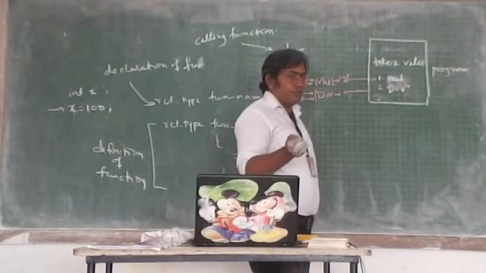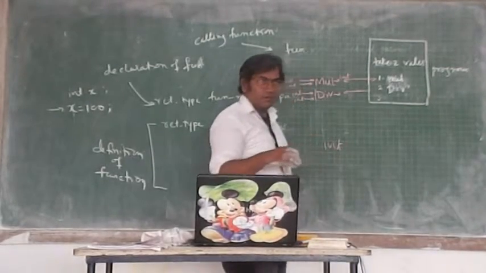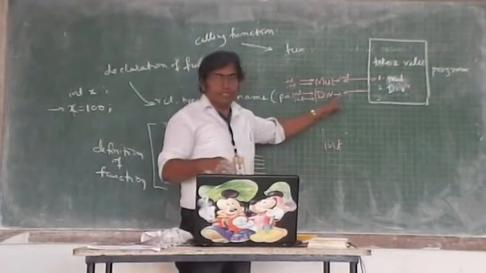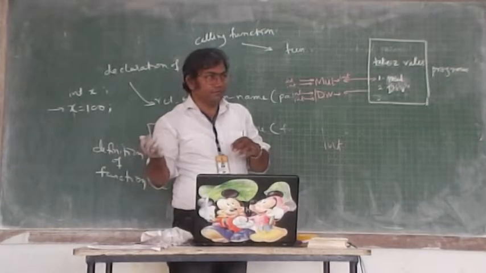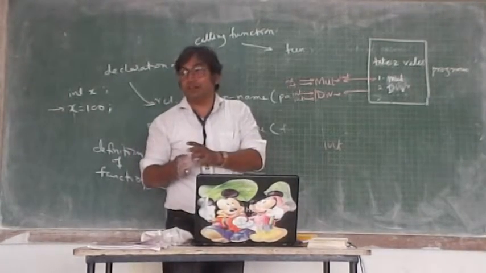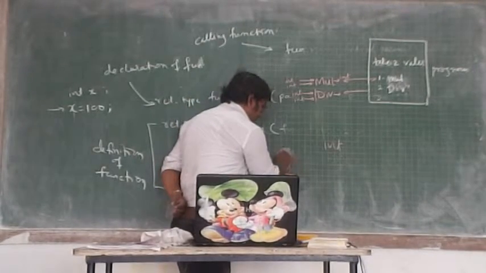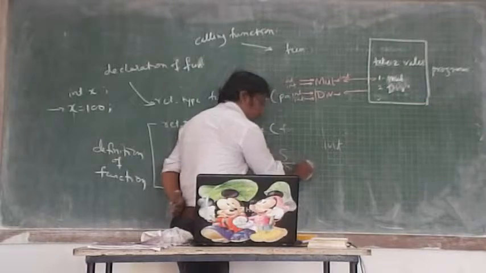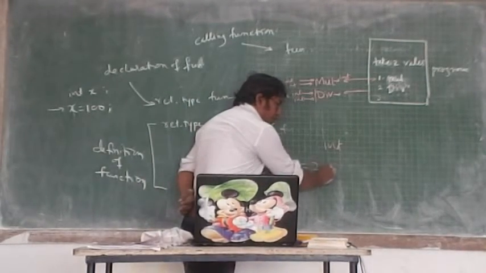Okay? So if you declare integer, what happens? If you declare the output as an integer, then your result will get truncated if your answer is a decimal number. Suppose you want to divide 5 by 2. What is the answer? 2.5.